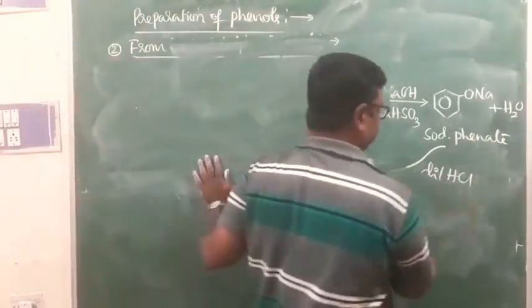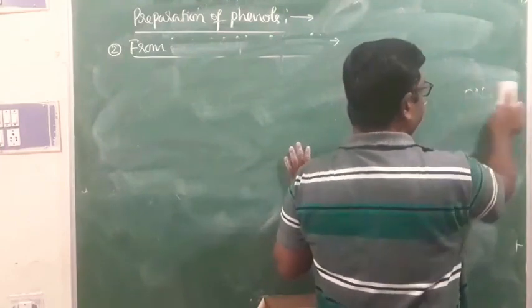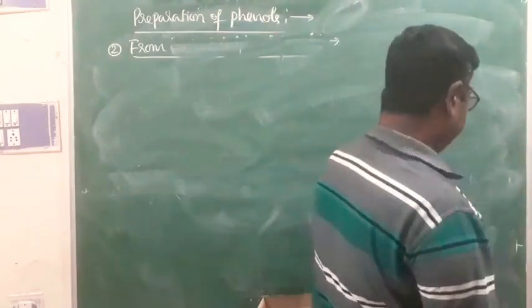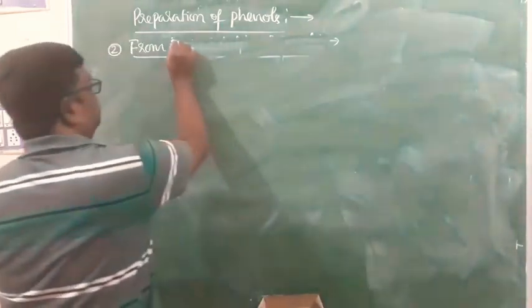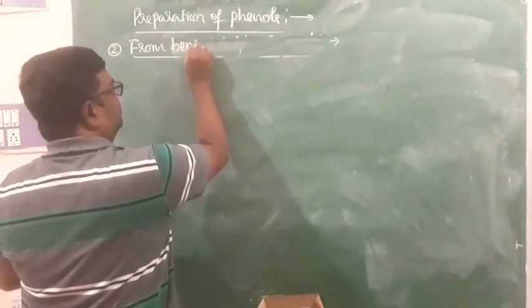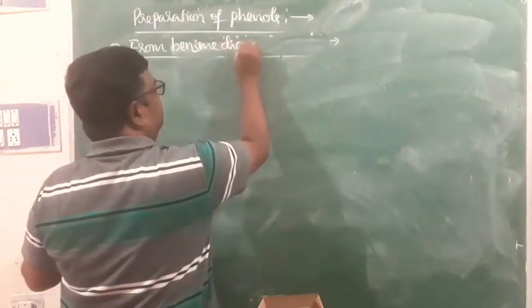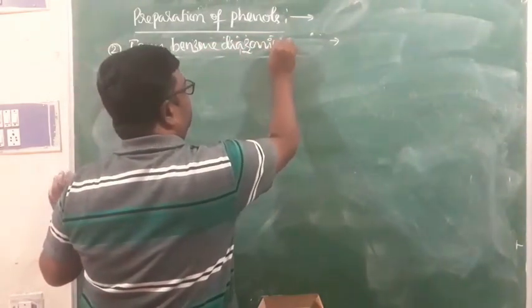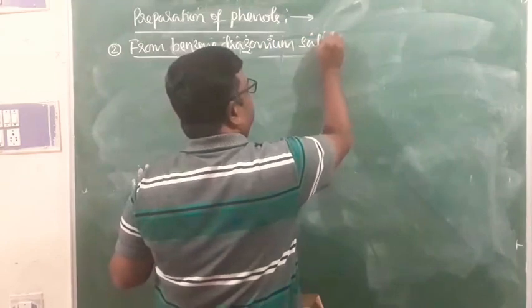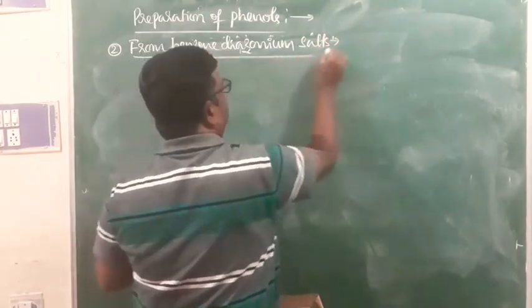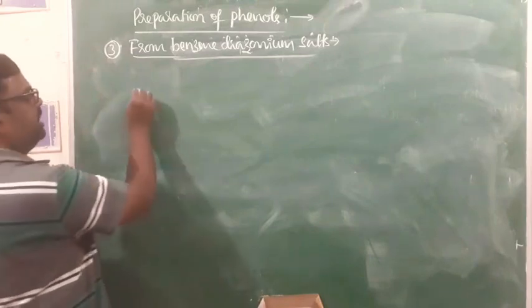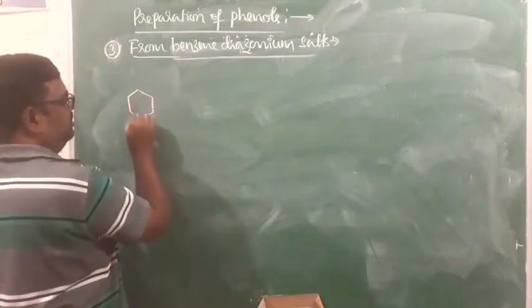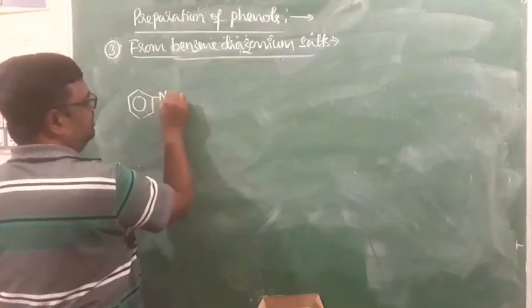You studied that in the chapter haloalkanes and haloarenes, where you prepared benzene diazonium chloride starting from aniline. This is the third method for the preparation of phenols. And when aniline, this is aniline.